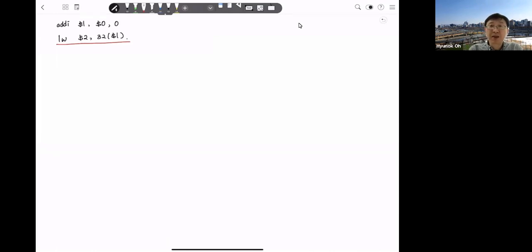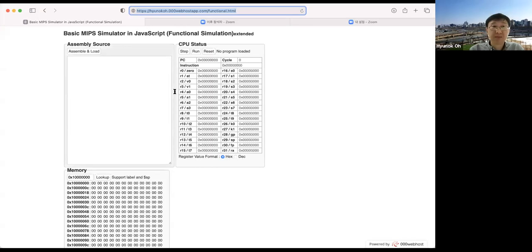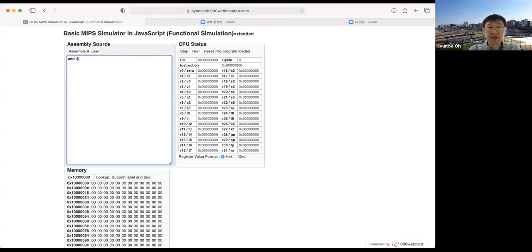Can you go to the simulator? Then let's look at that instruction again. Addi 0, 32.